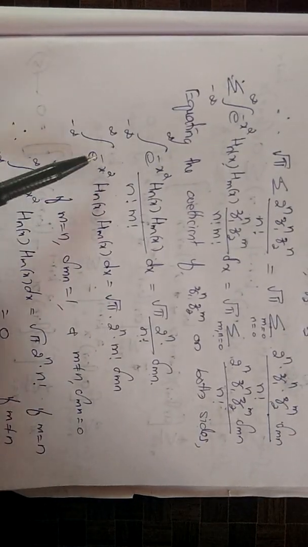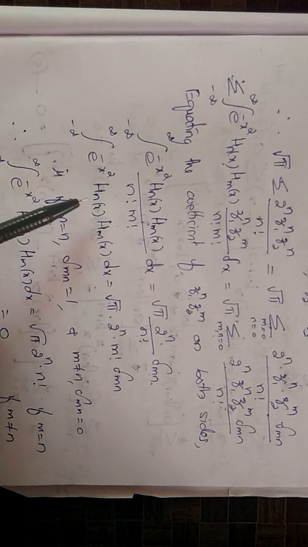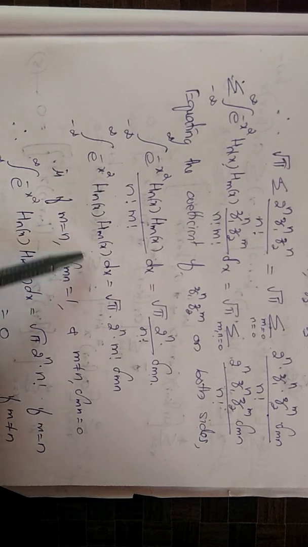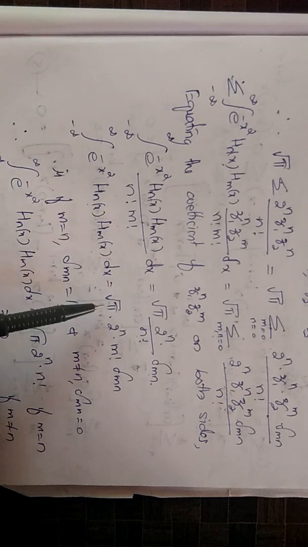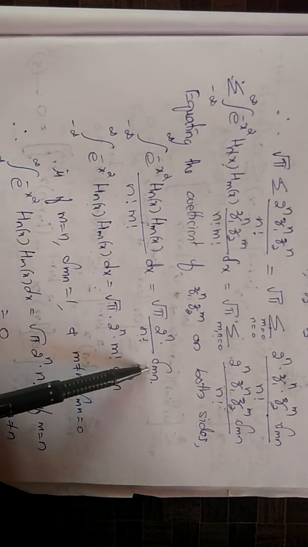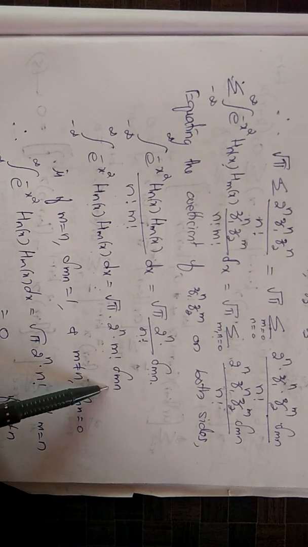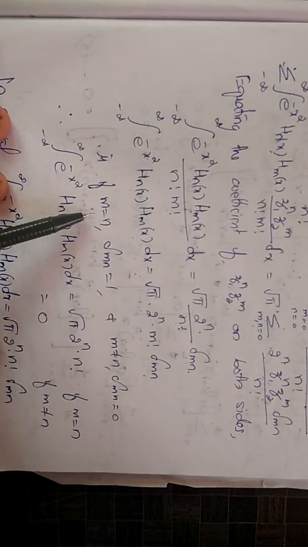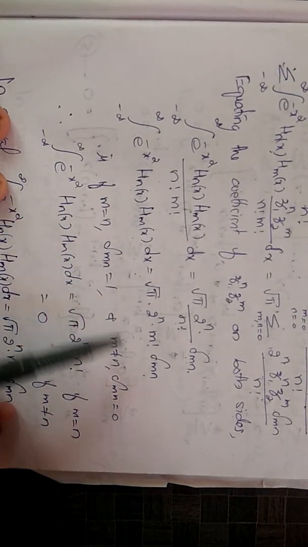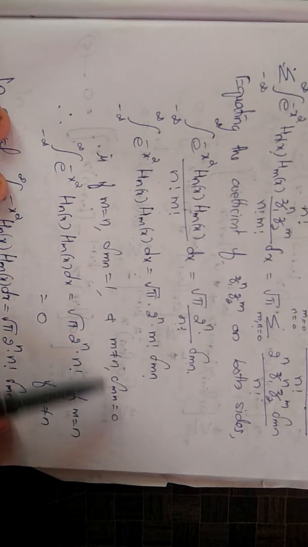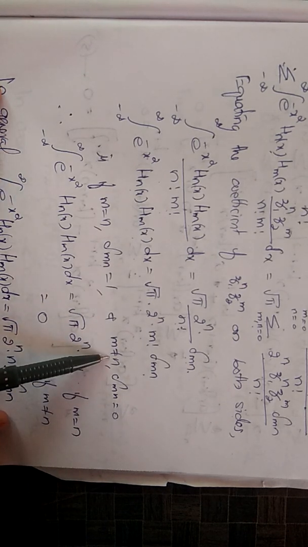So n factorial will cancel out, so what is left is integral from minus infinity to plus infinity e raised to minus x square Hn of x Hm of x dx equal to root pi, with this m factorial coming to the right hand side, root pi 2 raised to n, n factorial delta mn. Okay, so we know that if m is equal to n, delta mn is equal to 1, and delta mn is equal to 0 if m is not equal to n.